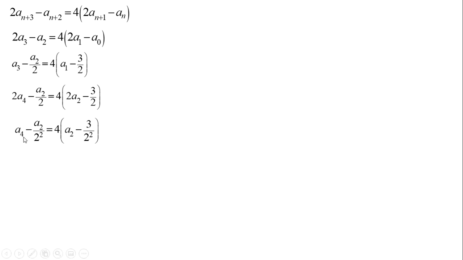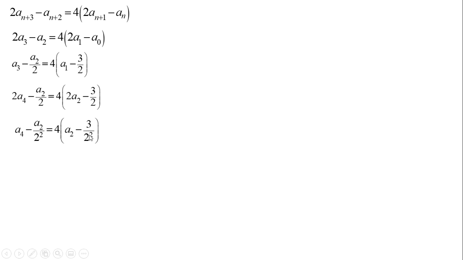So you can see that this is 4, and this is squared, which is power 2, and this 1 is fixed, it is not changing, and we have here 2 power 2. And if we make another one, for example 5, we will have here 2 power 3, and here 2 power 3, and so on.